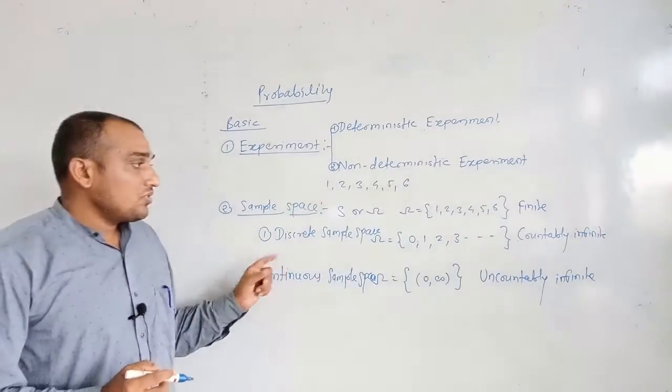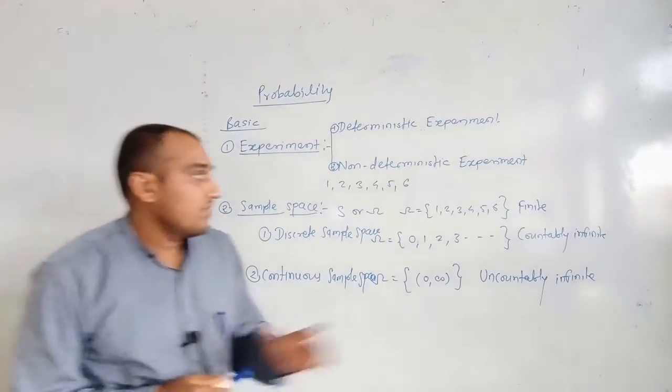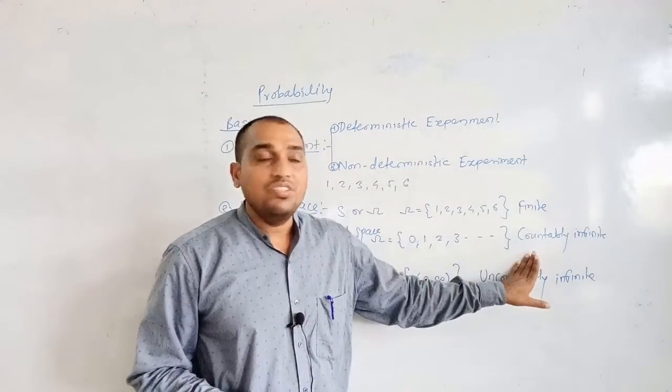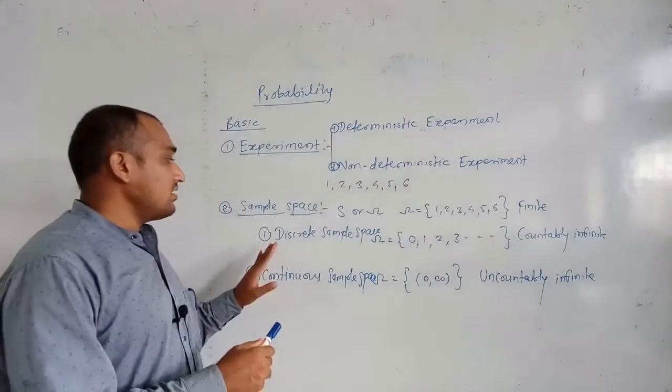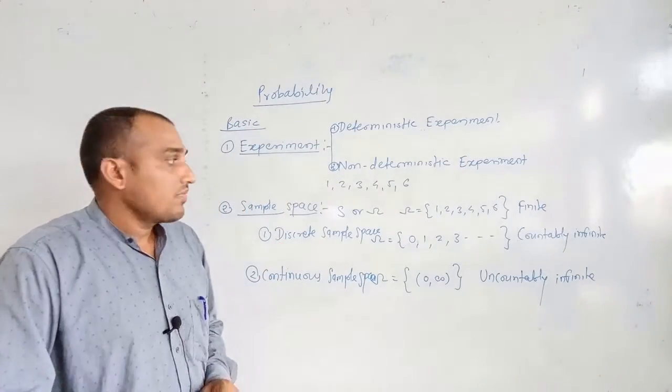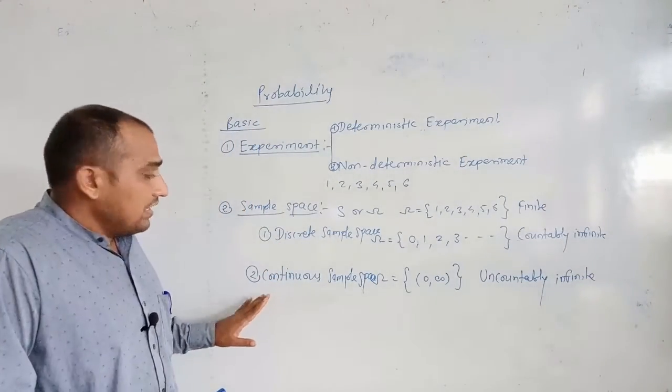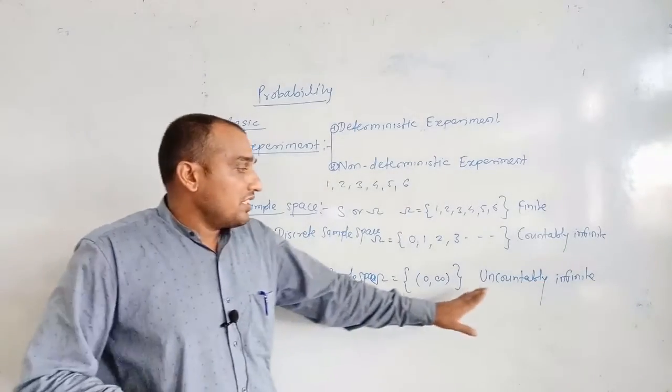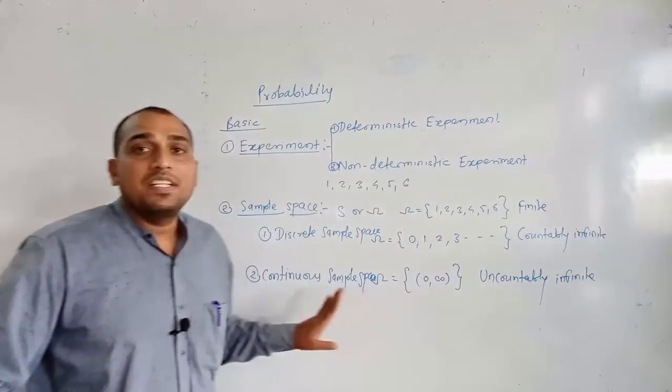The sample space which contains finite or countably infinite elements is called a discrete sample space. And a continuous sample space is a sample space containing uncountably infinite elements.